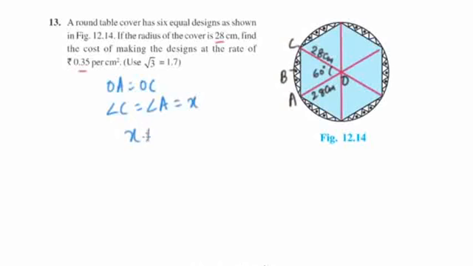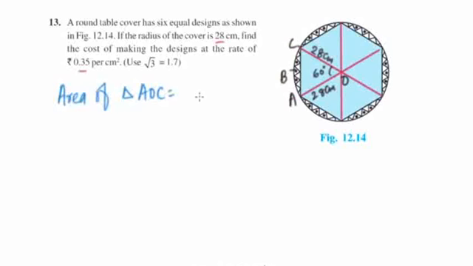So it will become 2x plus 60 degrees equal to 180 degrees. That is the sum of all the interior angle of a triangle. So from here we'll get the value of 2x as 120 degree and x as 60 degrees. So which means all the angles of this triangle OAC is 60 degree, which means it is an equilateral triangle.